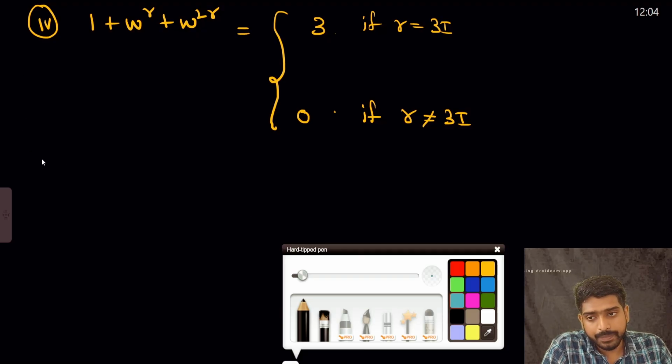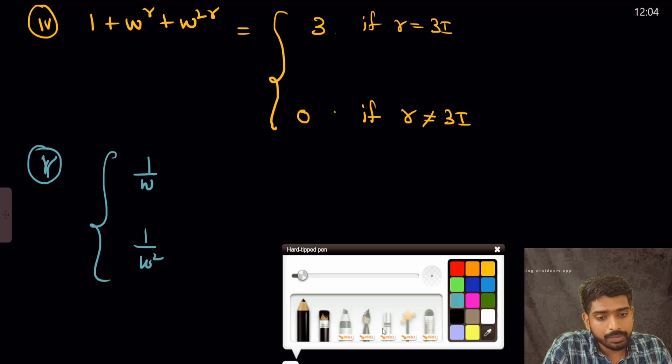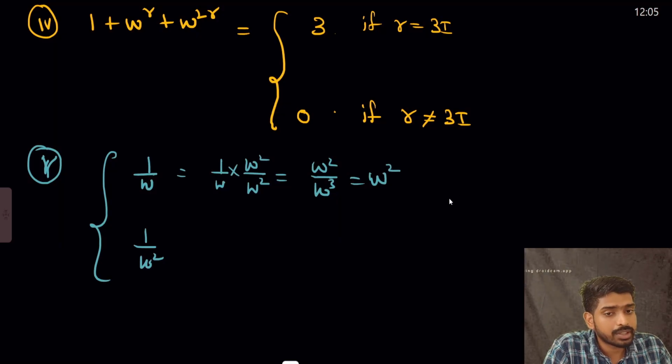And the next one, take care, is the fifth point. The fifth point is: what is 1 by omega? What is 1 by omega square? 1 by omega, I can multiply omega square up and down, and in the denominator here I'll get omega cube. Omega cube is 1. This is nothing but omega square only. One result we got: 1 by omega is omega square.